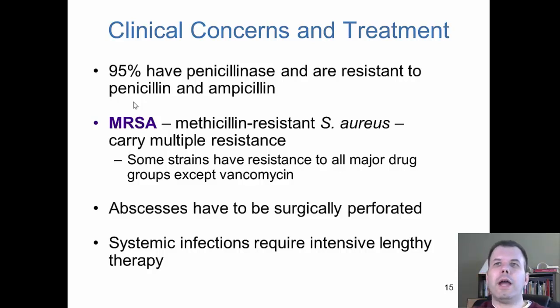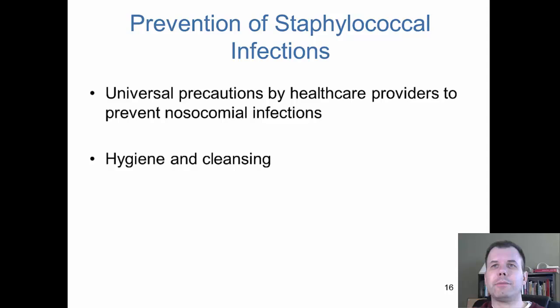Okay, now again, how do we prevent this in the medical field? Using universal precautions, making sure you wear gloves, prevent passing it from one patient to another. Don't be a passive carrier. Make sure you change your gloves, wash your hands, all those things. And the biggest thing that you can recommend to people that do get staph infections is cleaning wounds. Hygiene is always important.